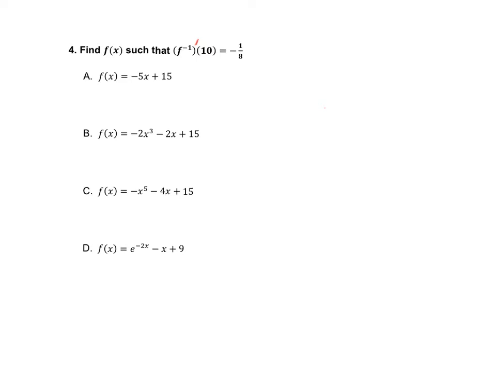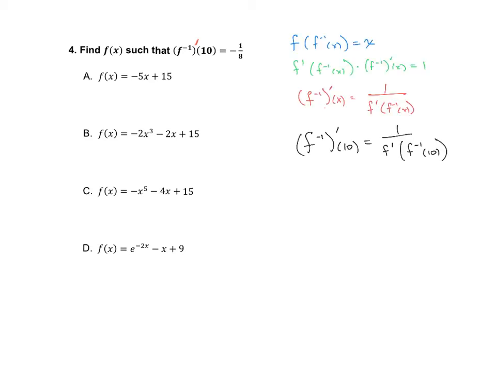One of the hard parts about this problem is that we're going to talk about f of x and the inverse of f. And we're going to have f prime and the inverse of f prime, and we just have to watch our notation as we go through it.